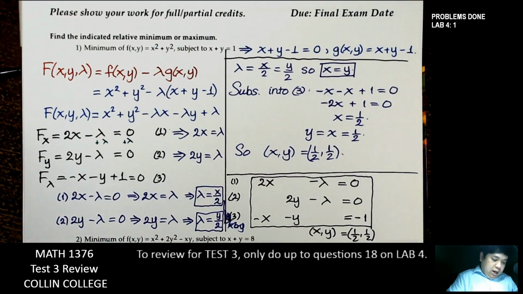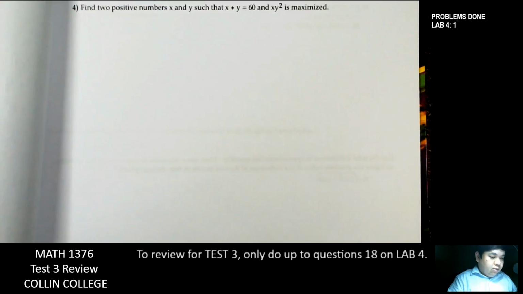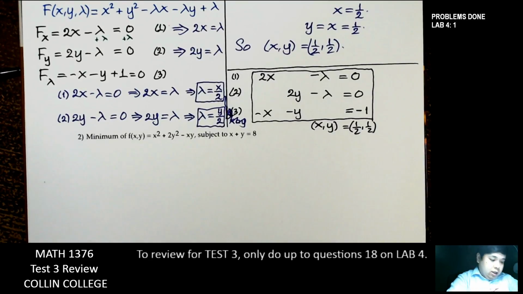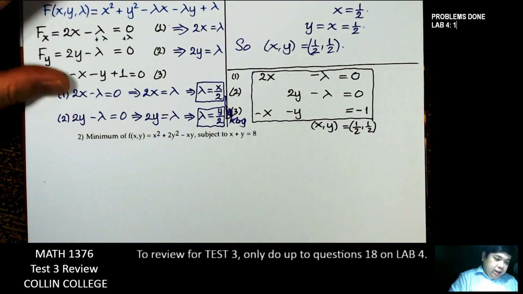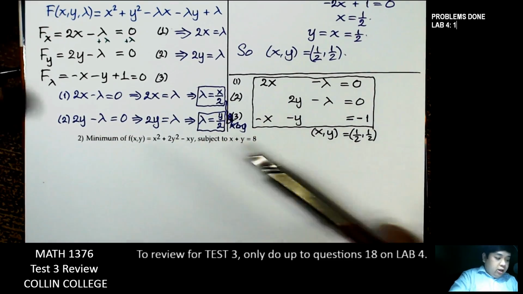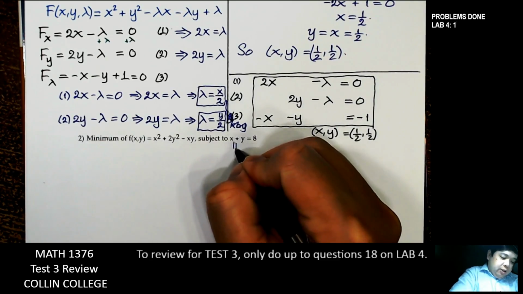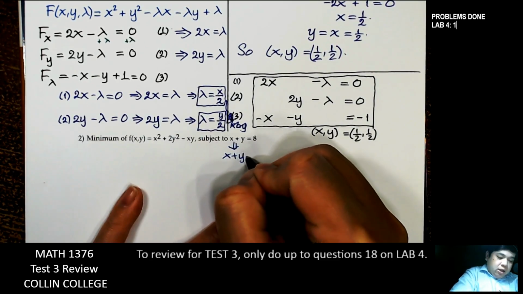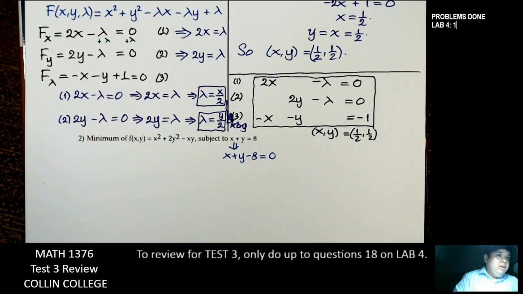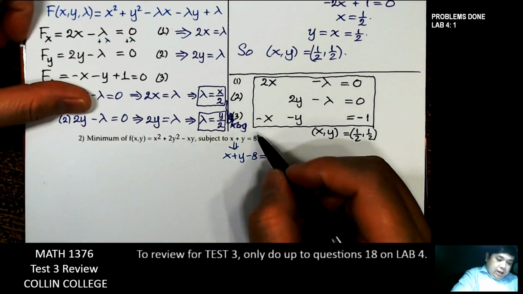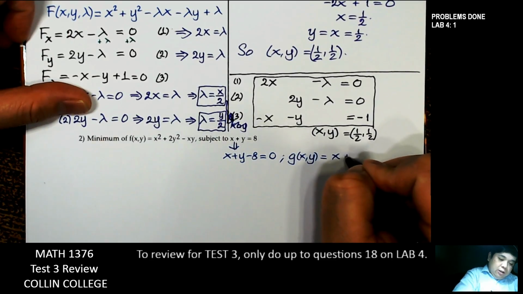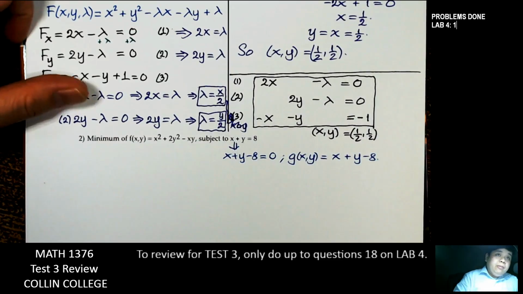Right. Now we briefly go to the second problem. Let's see, what do we have? So first, this is the equation, the constraint. We will change that to x plus y minus 8 equal to 0, and that will be the g of x, y.